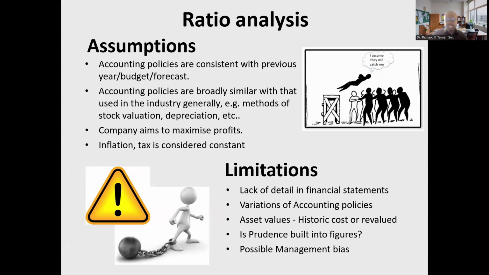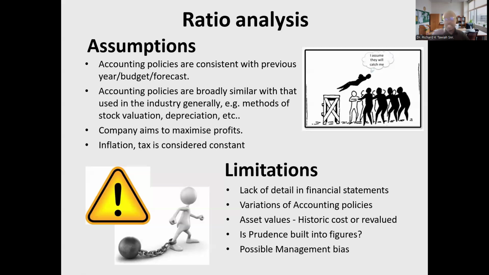Somebody may be using sum of the years' digits or reducing balance, and we are using the straight line method. So that is also not always true. There's also an assumption that every company is aiming to maximize profits. And there's also the assumption that inflation and tax are constant across the board. It's not true. Okay, so those are the assumptions.